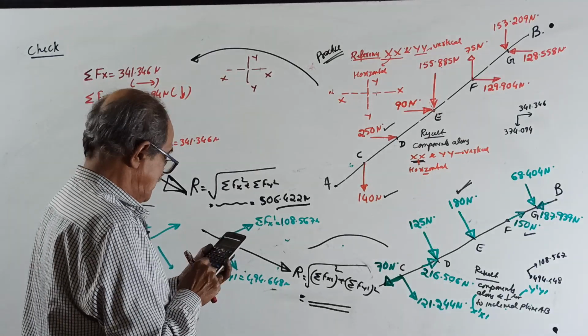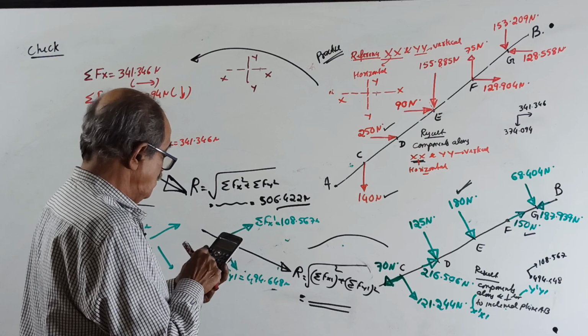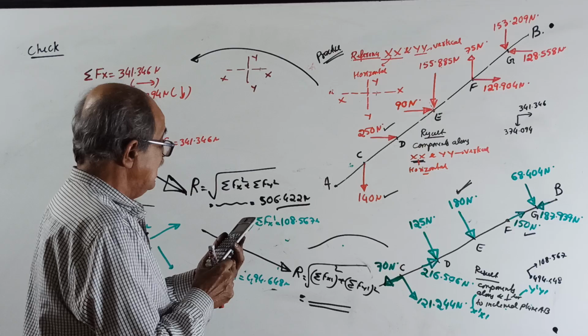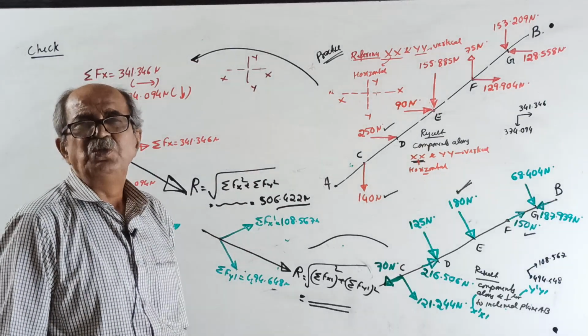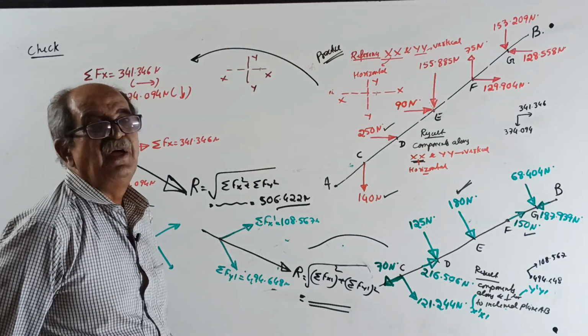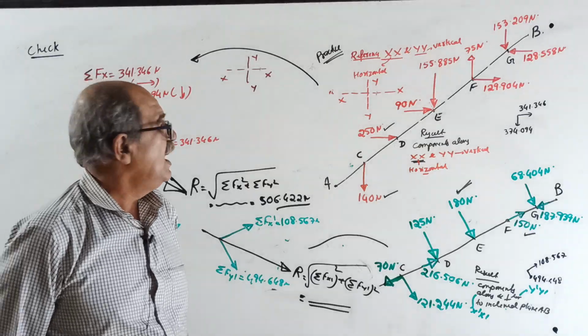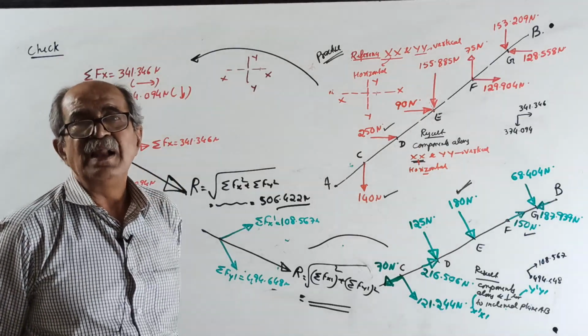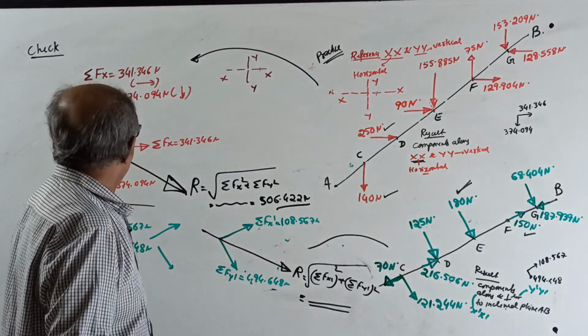108.567 square plus 494.648 square, equal to root, answer. I have no tension or worry. Honestly, I have not calculated. If the answer is not tallying, the only possibility is a calculation mistake.